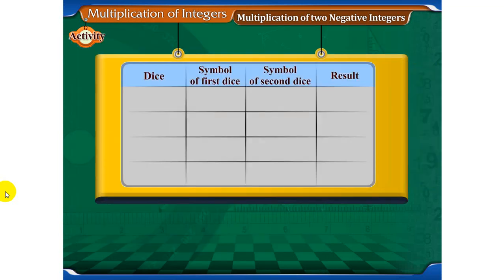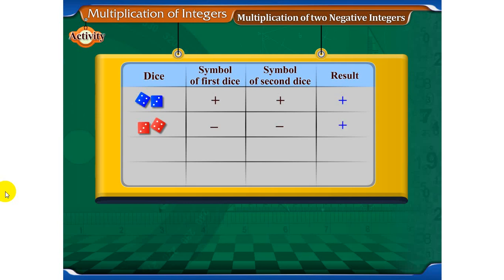Here we have a total of 3 possibilities of getting 2 blue or 2 red dice. For example, when both the dice are blue, we get 2 positive integers, whose product is also positive. Or, if 2 dice are red, then we get both negative integers, whose product is also a positive integer.